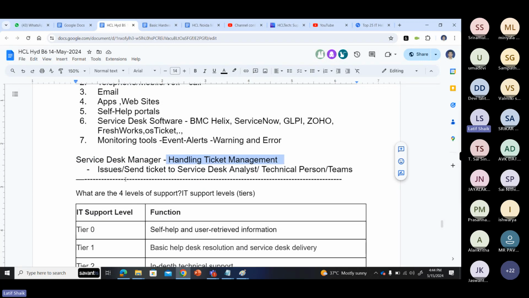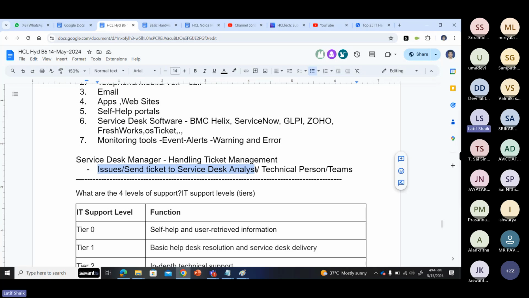He will issue the ticket to a specific service desk analyst or technical person, or to a specific team, depending upon the ticket.